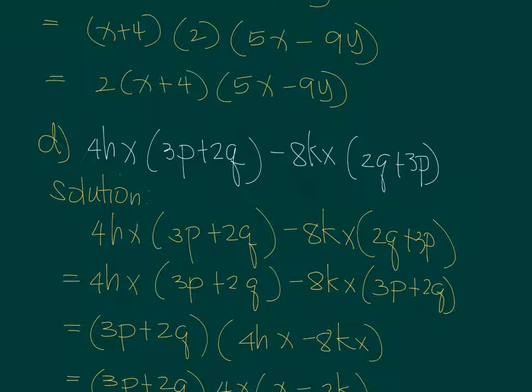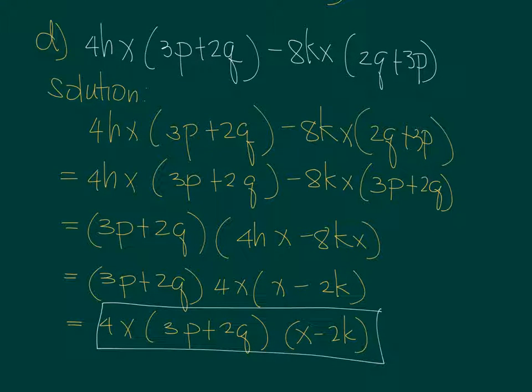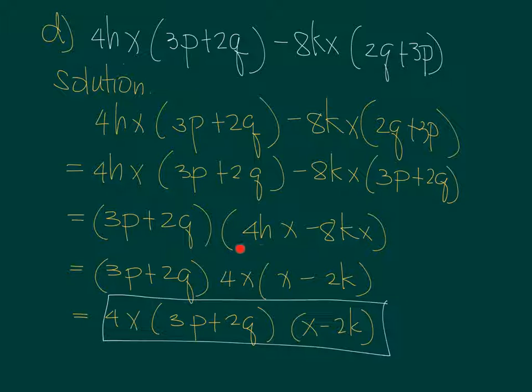So the next step, you factor out the common factor, that's 3p plus 2q. When you do that, you have 4hx from the first term and minus 8kx from the second term. Then always check, can you still factor the remaining expression? So 4 and 8 are both divisible by 4, while x is a common variable for the terms.